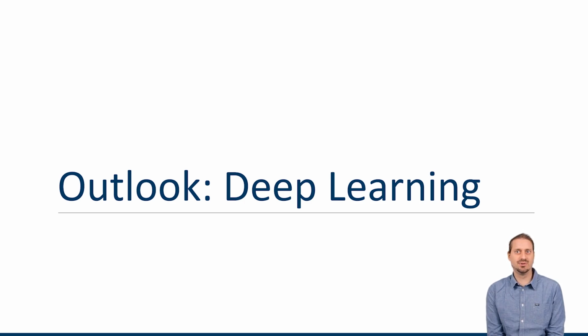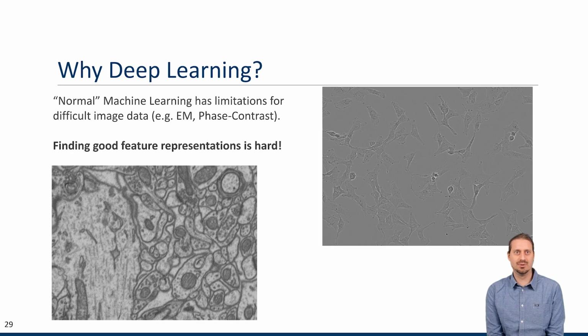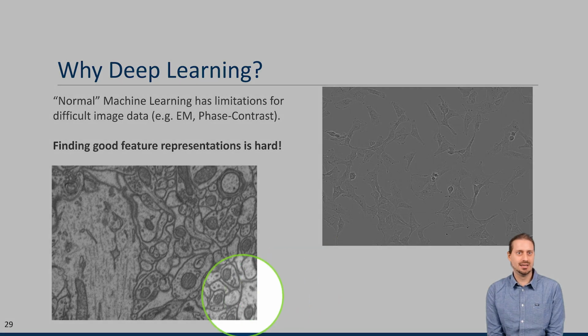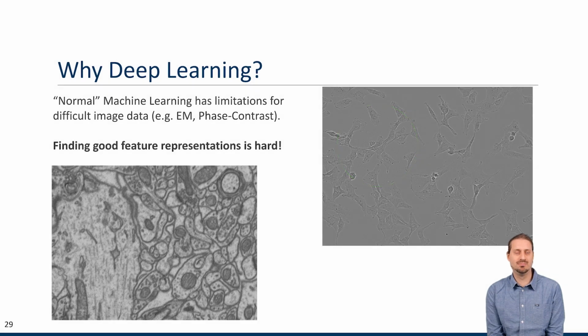Question now, right, that we've seen that we can use kind of normal machine learning for this. Why do we actually need deep learning, which will be the main topic of the course? Well, we already looked at these more complex problems here, right, the segmentation of mitochondria in EM, or the segmentation of cells in phase contrast. And these are a bit harder problems than what we've seen with the nuclei in phase contrast.